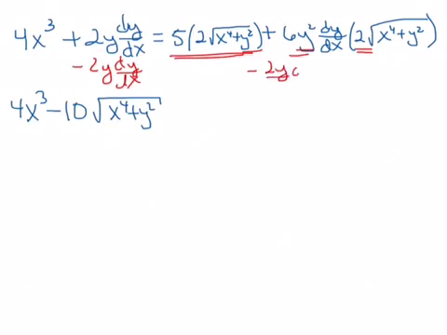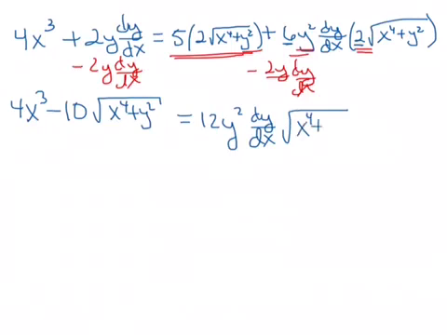Okay, so that's going to give me, equals 6 times 2 is 12, y squared dy/dx times the square root of x to the 4th plus y squared, minus 2y dy/dx. Okay, we're just about done.